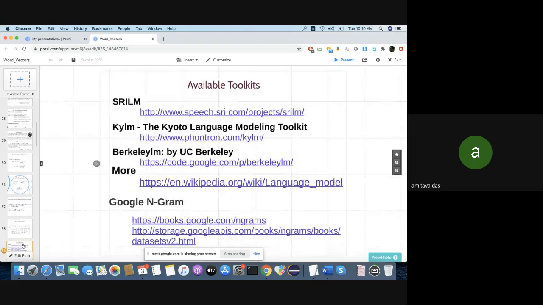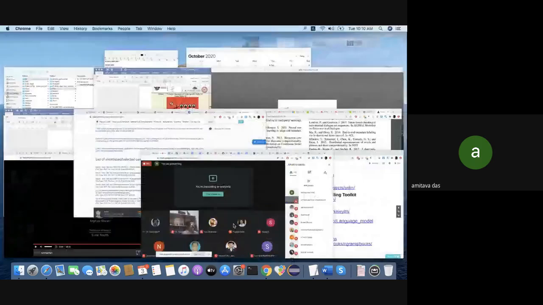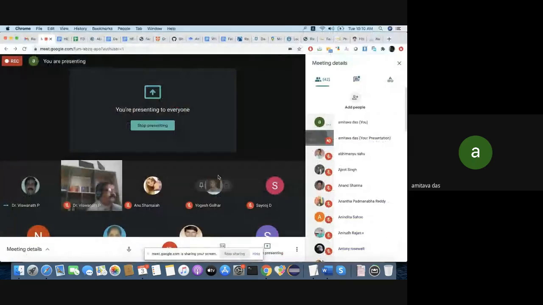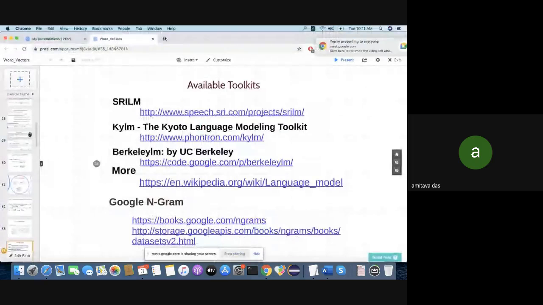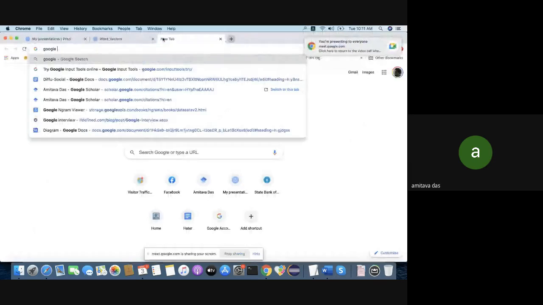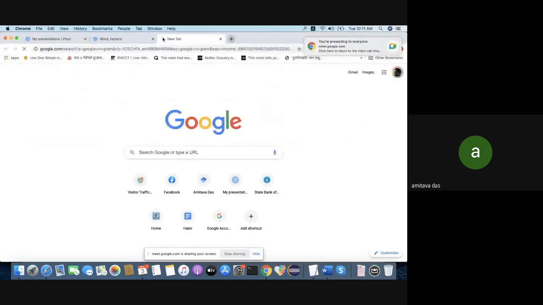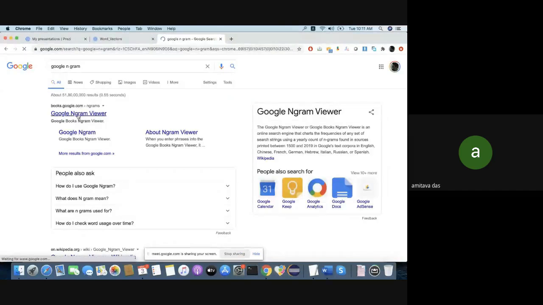Now, have you seen Google Ngram? Anybody? No. So let me show you this one. Google released this corpus long back.